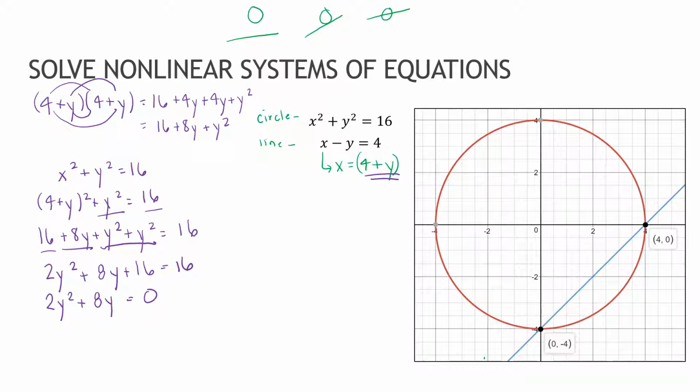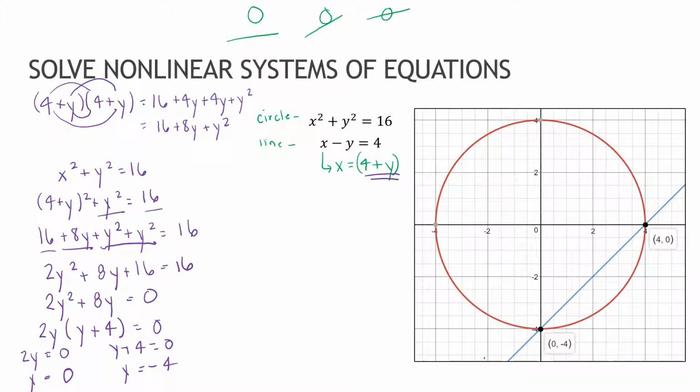If I want to factor that, I would take a 2y out of both of those, leaving me with y plus 4 equals 0. Then to find my solutions, I'm going to set 2y equal to 0 to find y is 0, and y plus 4 equal to 0 to find that y is negative 4.